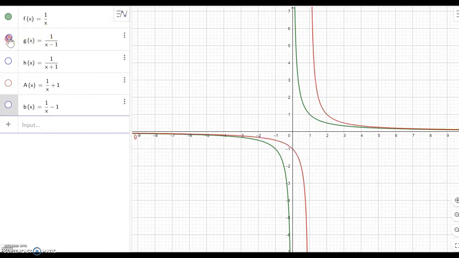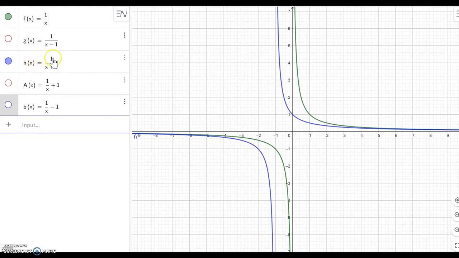Okay, so what do you see? It looks like this graph is moving 1 unit to the right. You see that? So this point moves here, this point moves here. And there was the vertical asymptote before, but now x equal 1 is the new vertical asymptote. So what about this case then? h of x equal to 1 over x plus 1.